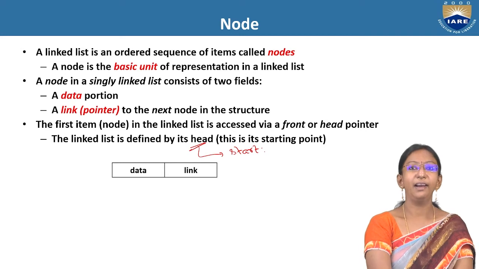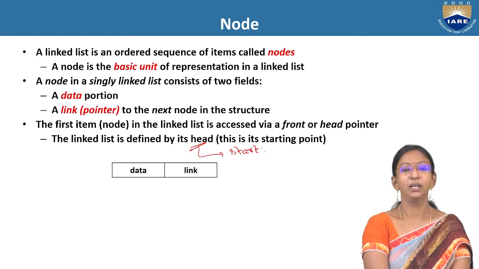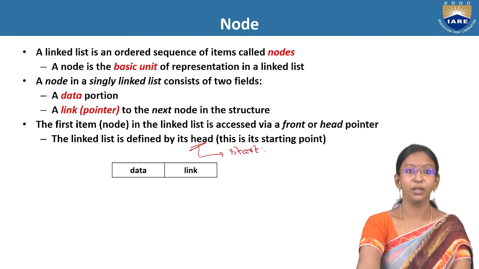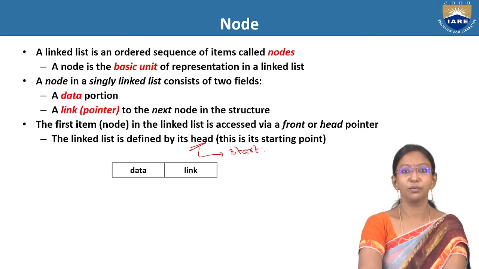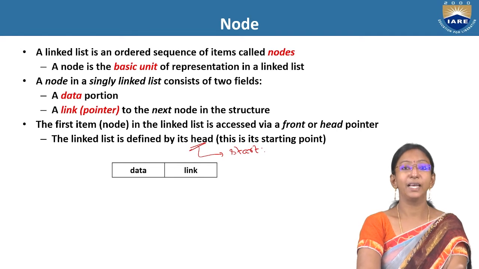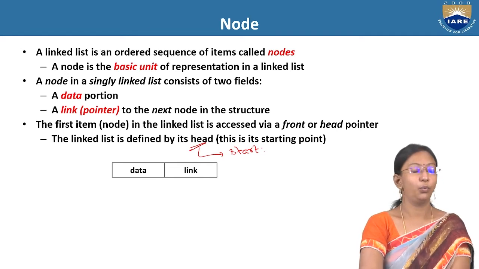So head or start is the pointer variable which holds the address of the first node. From there, we are going to start our journey, right? In different books, you'll find this terminology. If you say head, it is because it is going to head the list, whatever the linked list may be, circular, single or double.